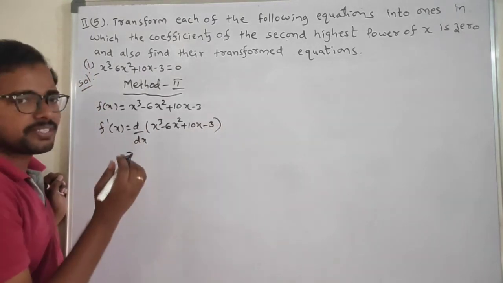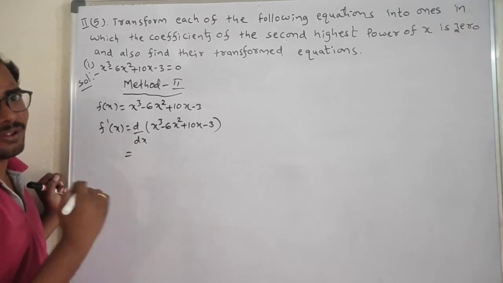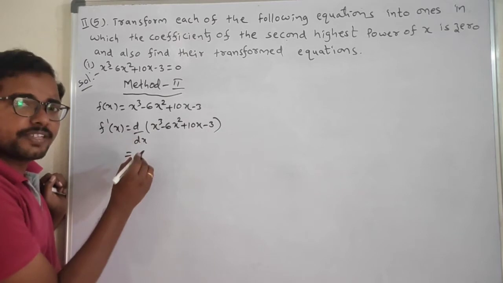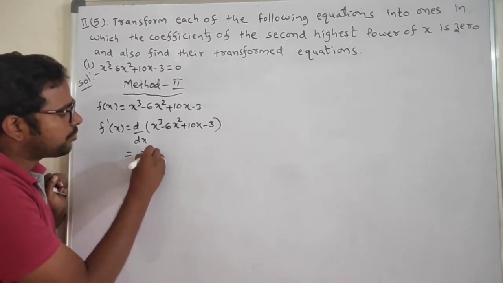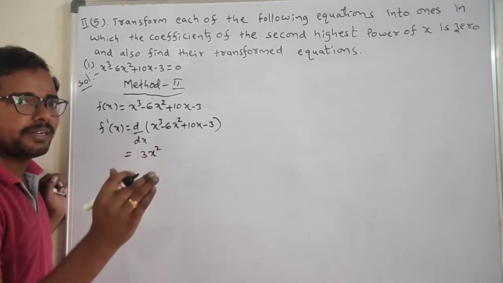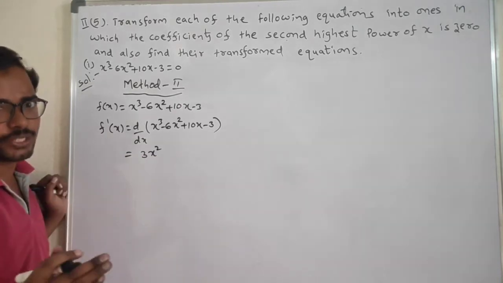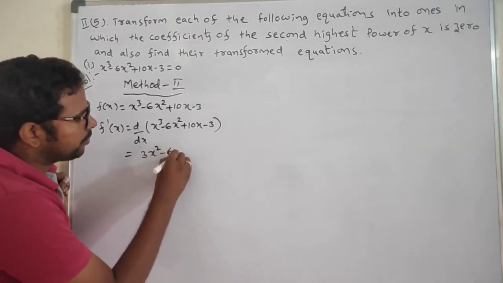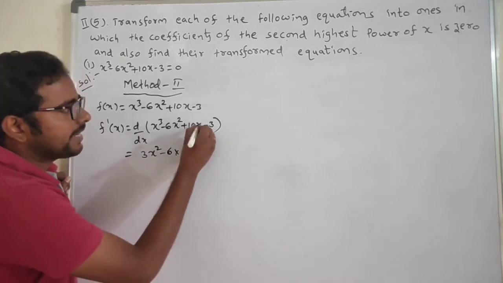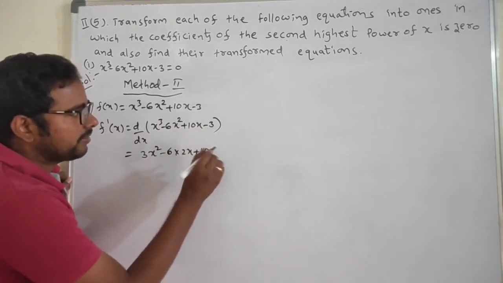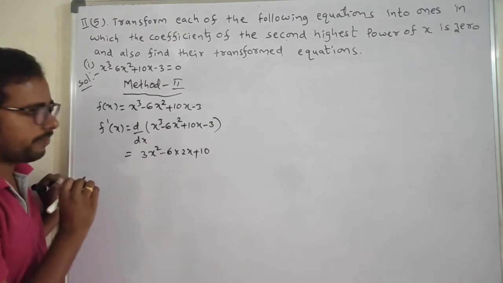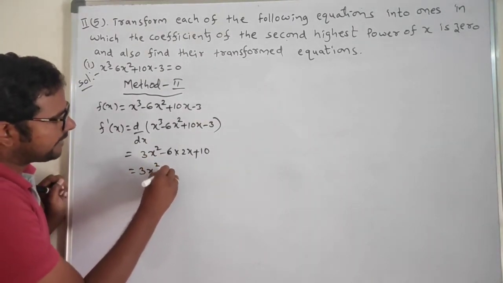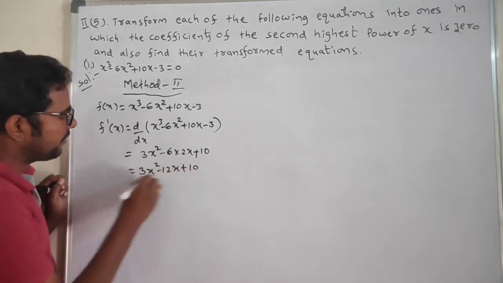In Math 1B first year we studied already. d by dx of x power 3 is 3x square. d by dx of x power n is n into x power n minus 1. x square gives 2x, 6 into 2x, d by dx of x is 1, 10 into 1 is 10, d by dx of constant is 0. So 3x square minus 12x plus 10. This is f dash of x.